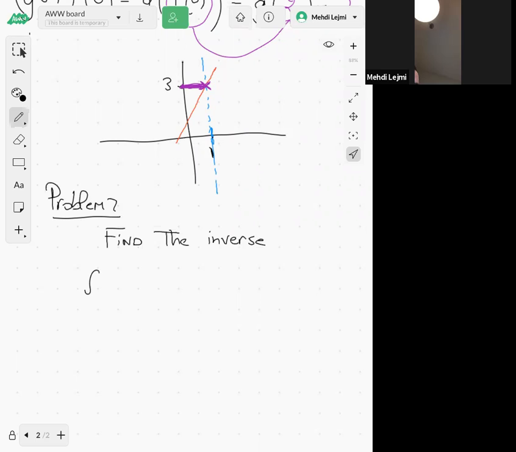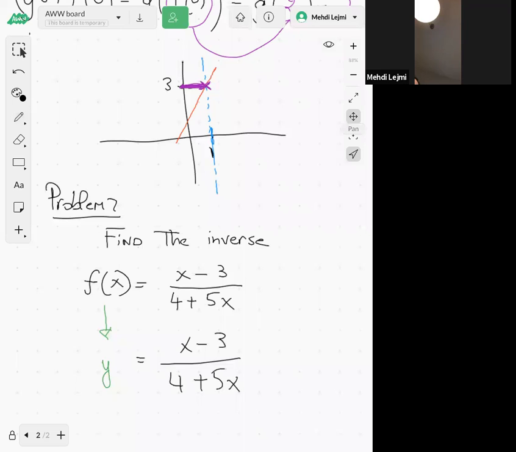So f of x is x minus 3 over 4 plus 5x. Okay, so first step, guys, just replace f of x by y. And then interchange x and y.